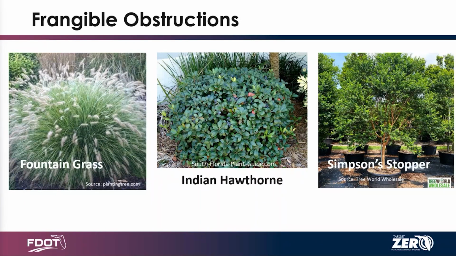So you have fountain grass, Indian hawthorn, and Simpson stopper as a tree, to make sure that if a vehicle hit that vegetation, it does not provide much of a collision.